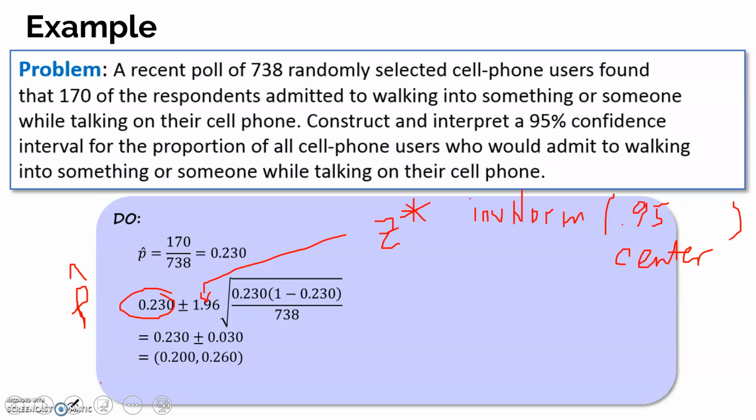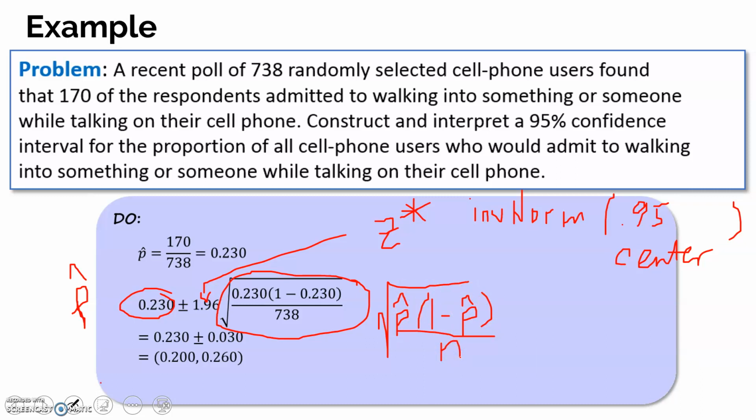So that's 1.96. And here we have our standard error, which consists of p hat 1 minus p hat divided by n.